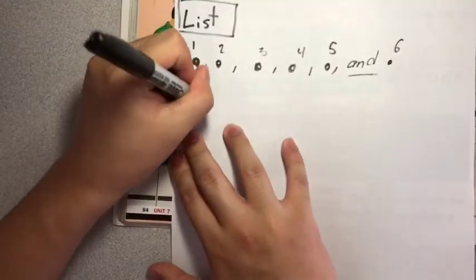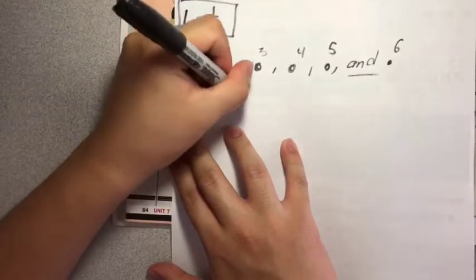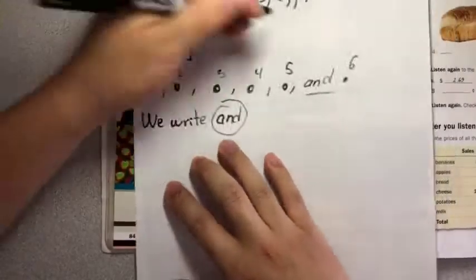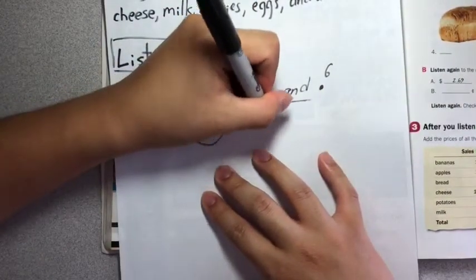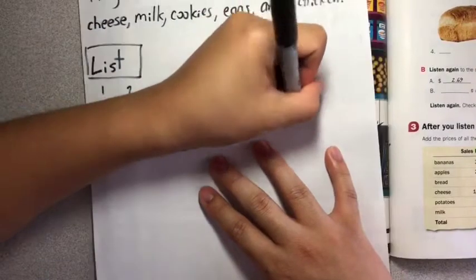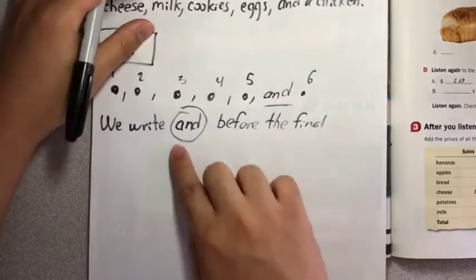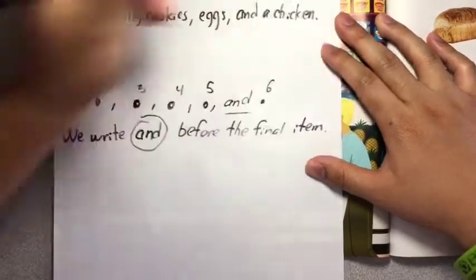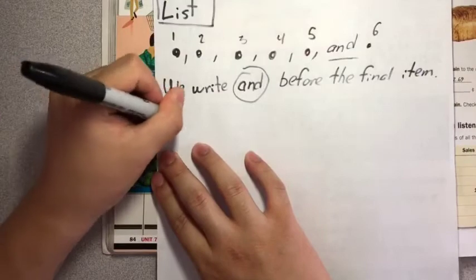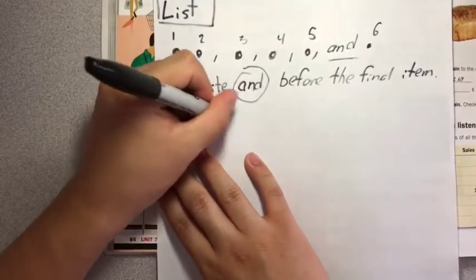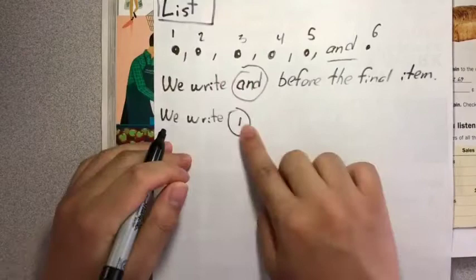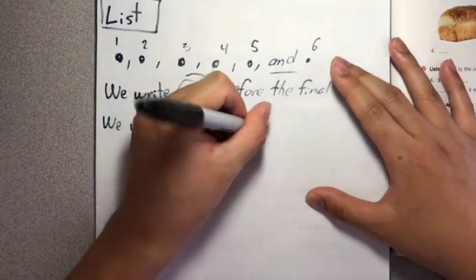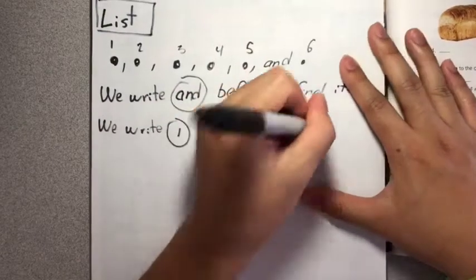So we write and before the final item. We write a comma between every item.